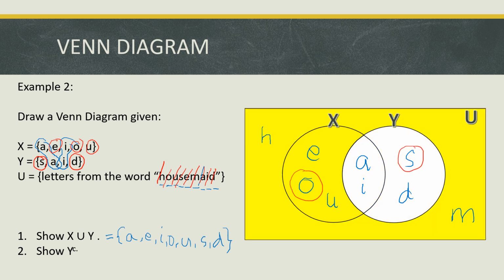All of the part that has been shaded are the elements that do not belong to the set Y. Therefore, the complement of set Y has the elements E, O, U, H, and M. Again, you can write those elements alphabetically arranged or not. It is still accepted.